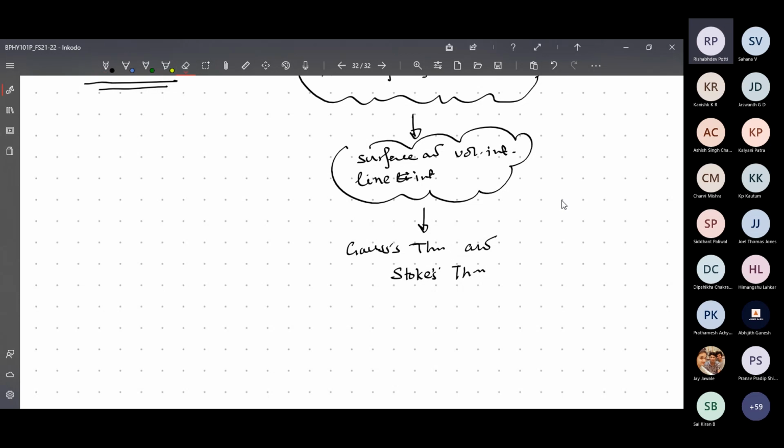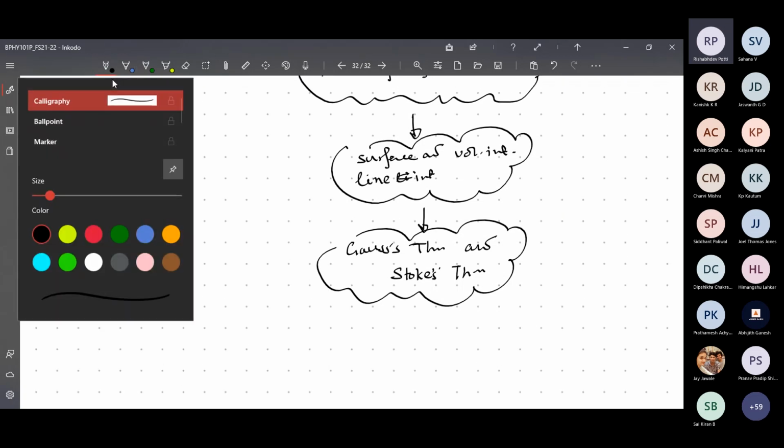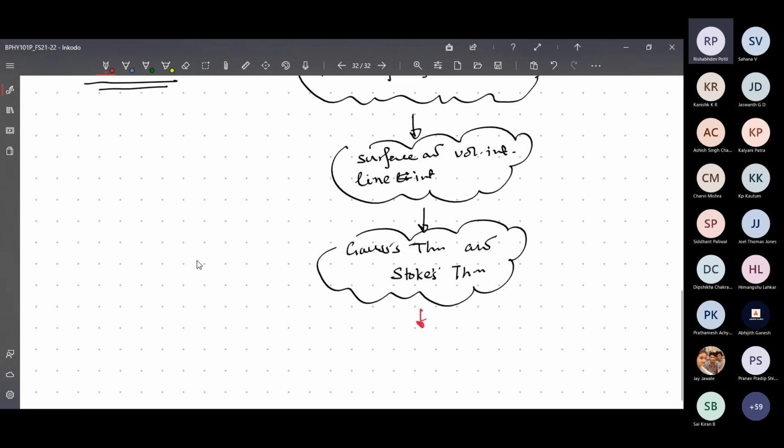Once we have Gauss's theorem and Stokes theorem, probably I will try to complete it because I have to cover it. And once we have this, then Maxwell's equations in differential operator format.